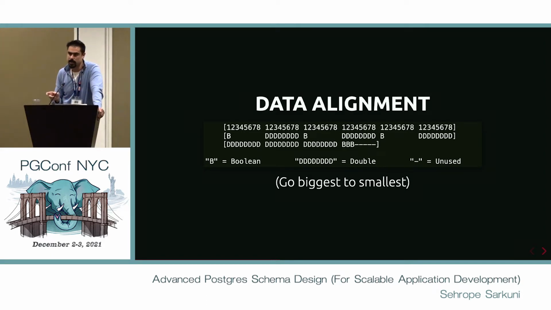Since I have a double inside of there, the next row, if it's going to sit next to it, has to be aligned at the 8-byte boundary. So you have this extra space there that you can put something in. If I added a new column, it wouldn't actually add new space if that column is small enough to fit in that piece on the end. So as a general rule, if you just go from biggest to smallest, everything will be as small as possible for your structures.